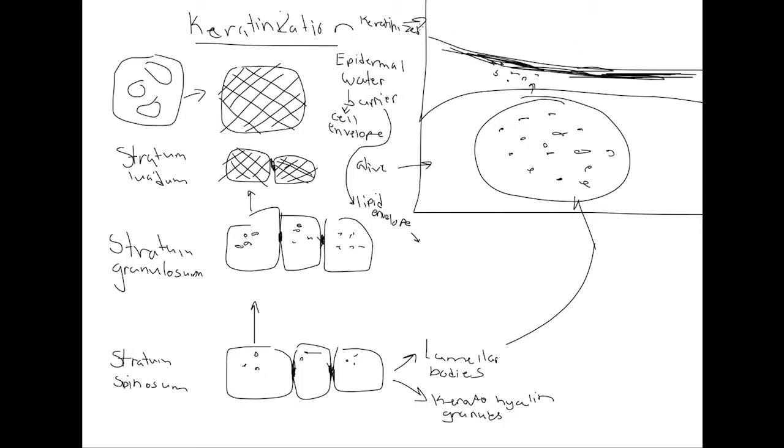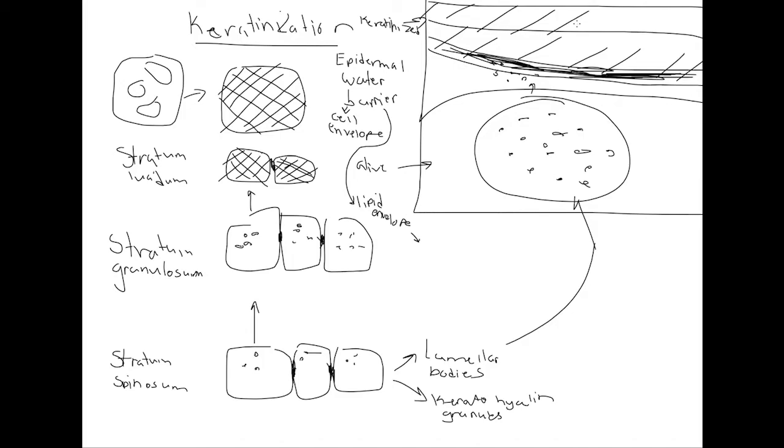So this area over here, so if this is the membrane, right? That's the membrane. Then all of this area, including all of this area that I'm shading in, would be your lipid envelope. And this over here would be your cell envelope.